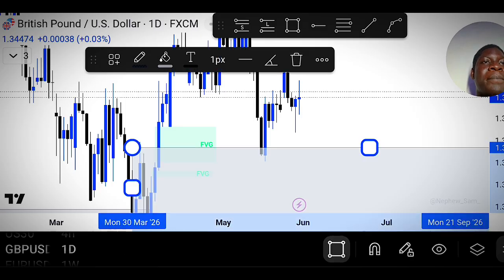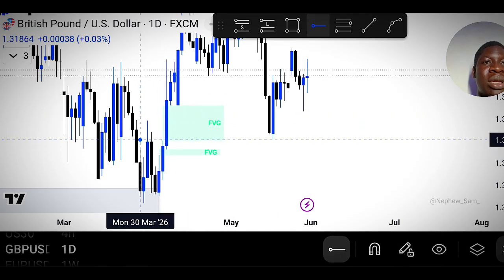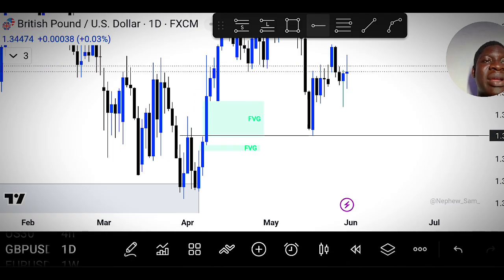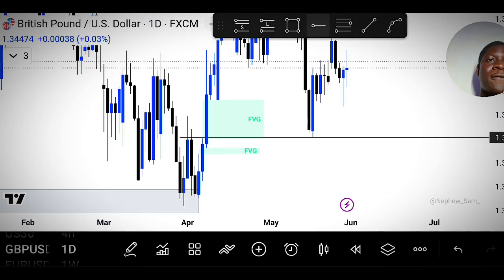As you can see, on the daily time frame, the market respected this breaker block, and the breaker block has a fair value gap. Don't forget, for your point of interest to be valid, you need two things. Number one, your inducement.